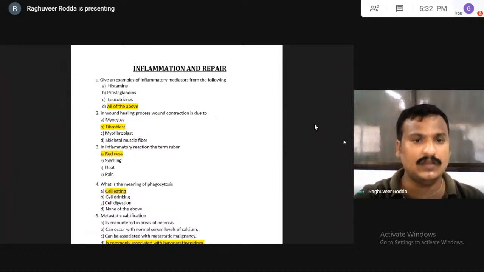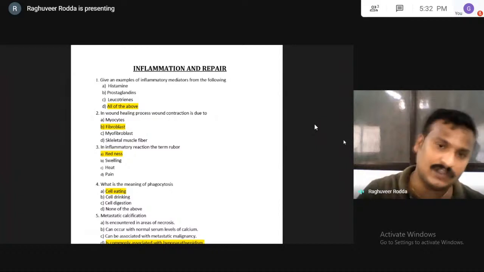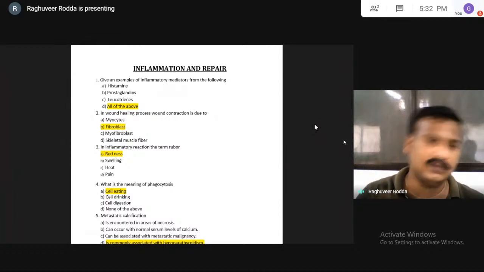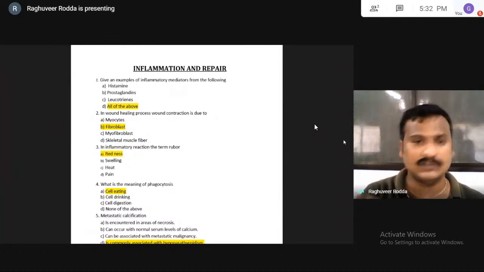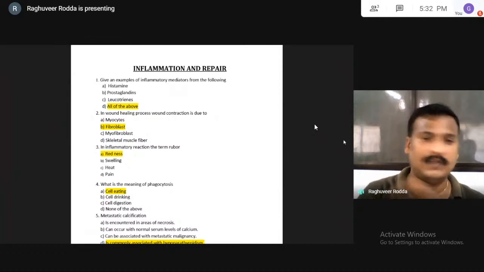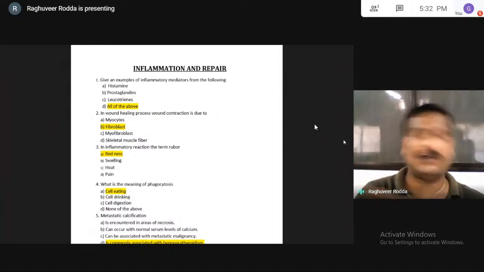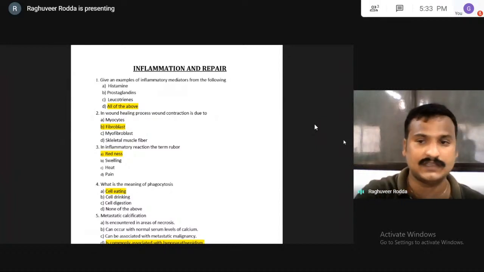Myofibroblasts are also very important cells involved in wound contraction. Skeletal muscle fibers are not involved. Contraction is done only after formation of collagen fibers, and collagen fibers are formed by the fibroblast cells. So the correct answer is fibroblast.